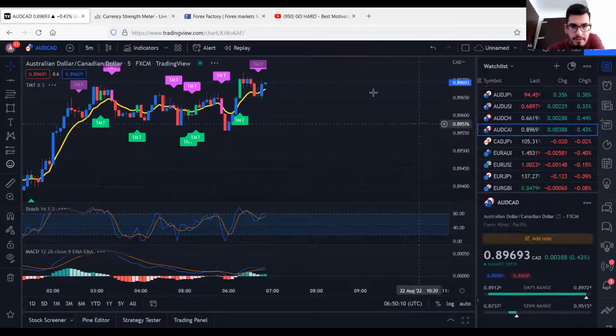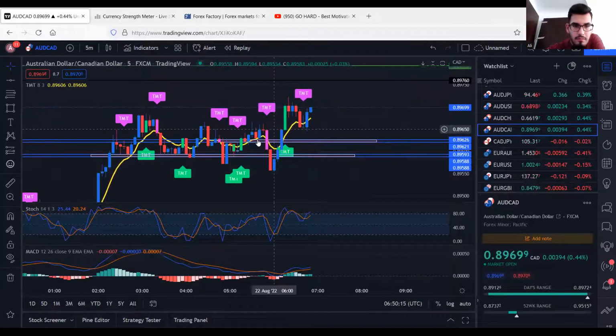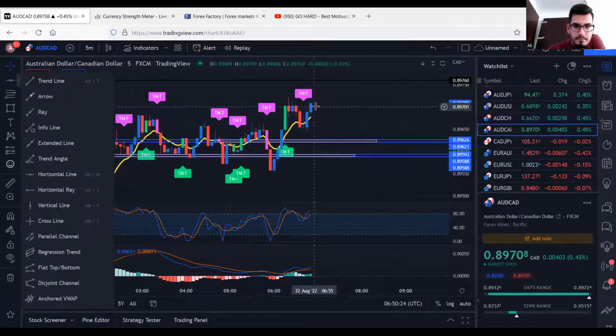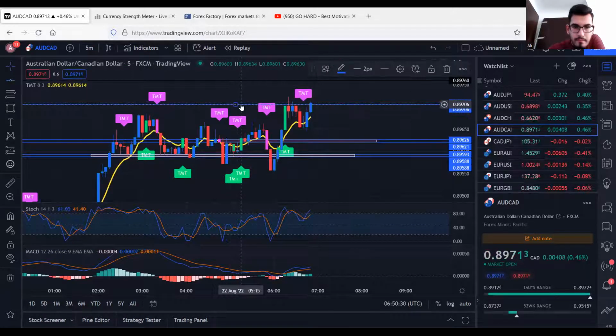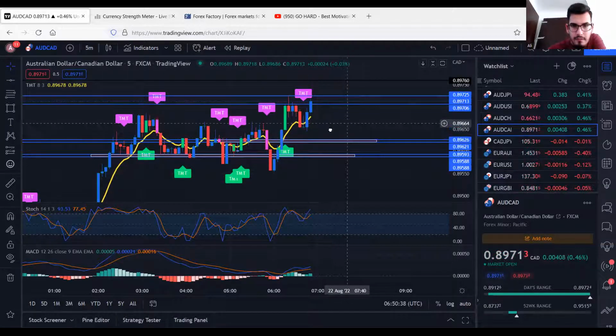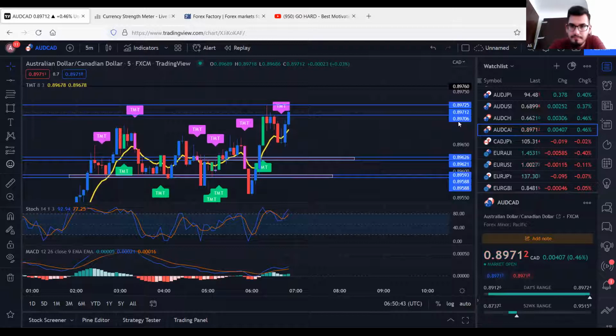Let's check AUD/CAD. Not really doing what I wanted to do. But the thing is here, we might have a pullback here. Ladies and gents, this area for AUD/CAD can be a pullback for us.